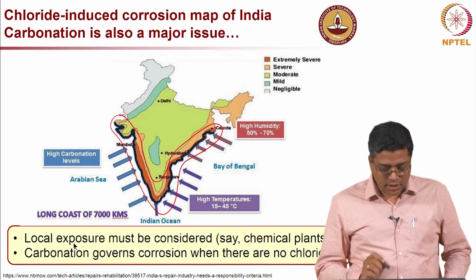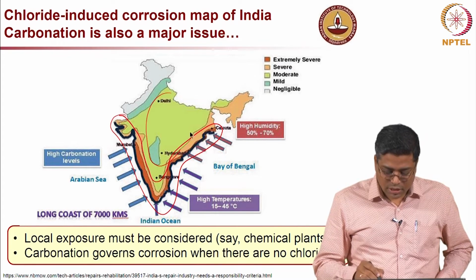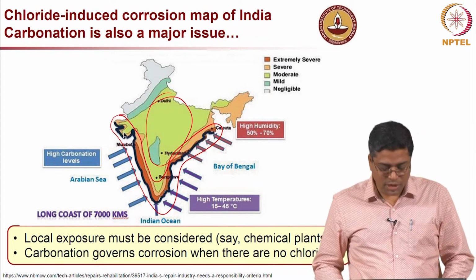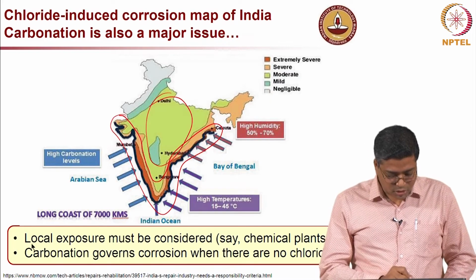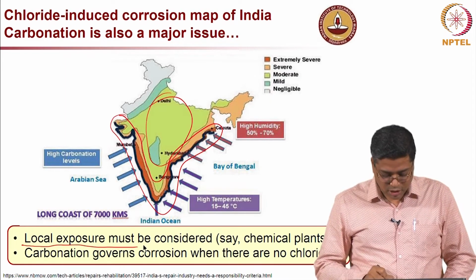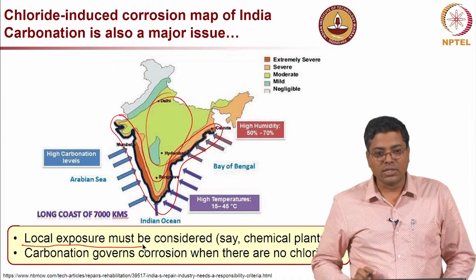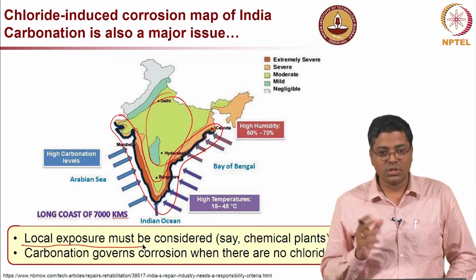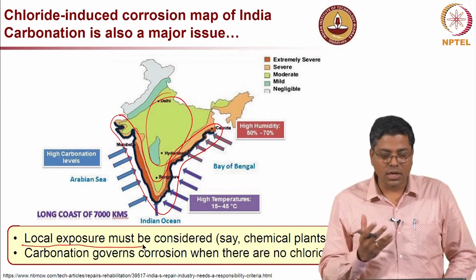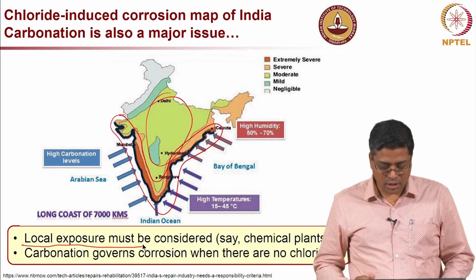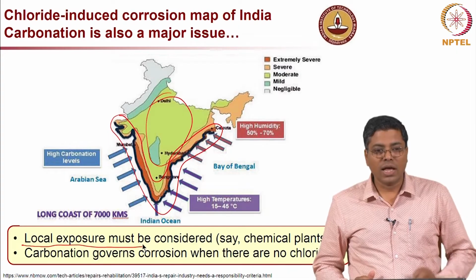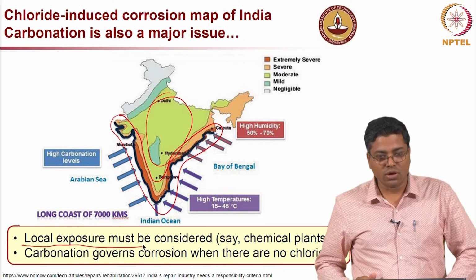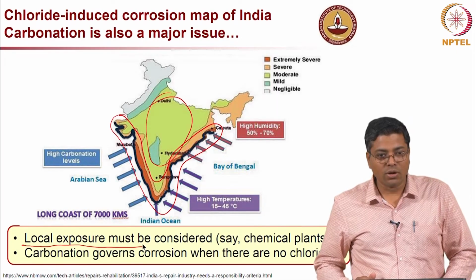Another thing is, if you are talking about any other structure in the interior, away from the coast, we should also think about the local exposure condition. Let us say, for example, you are building a chemical plant where a lot of salt is being used. The air next to the structure, immediate to the concrete elements, will have enough chlorides which will diffuse into the concrete element and can cause corrosion.